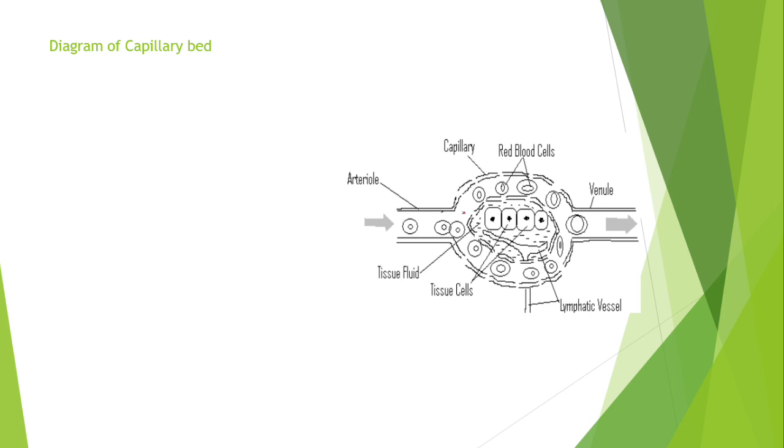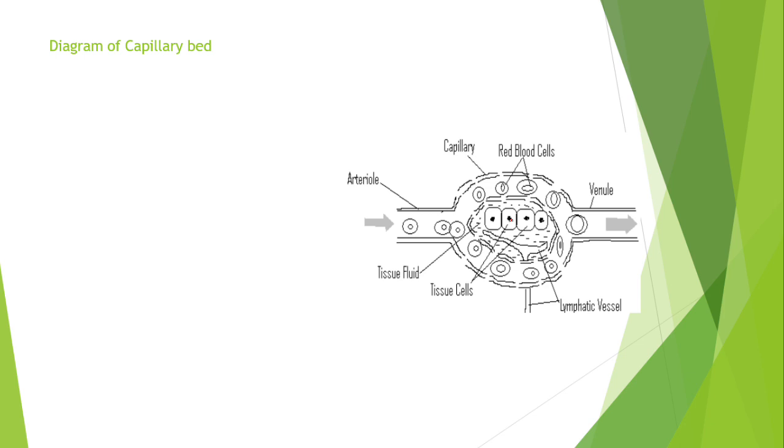So if you look at these tissue cells that we have here, they can belong to any organ. It can be the liver, it can be the lungs, it can be any organ that you can think of in our body. It can be the pancreas.